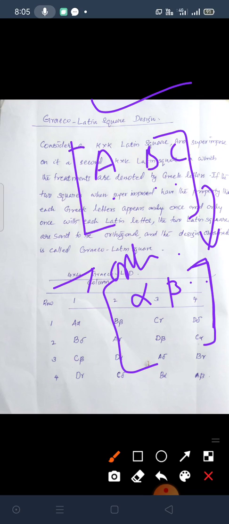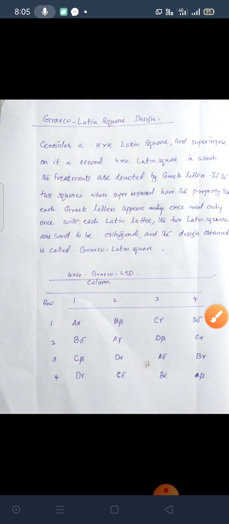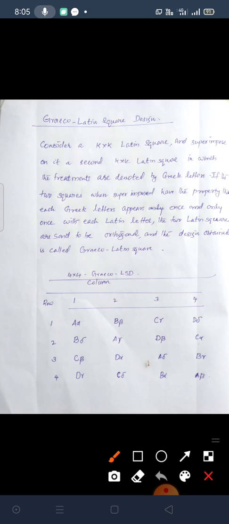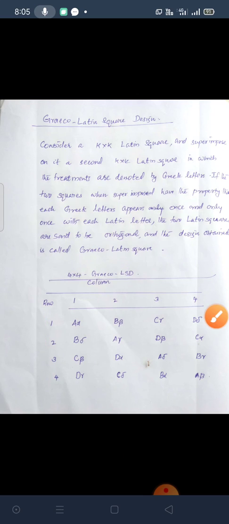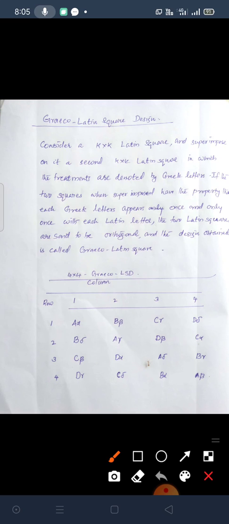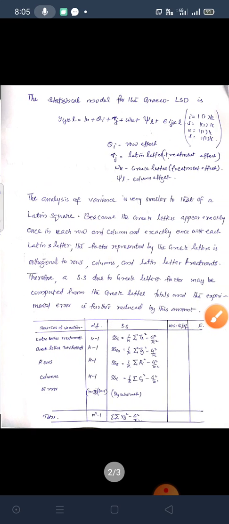So we superimpose two orthogonal Latin square designs of the same order. In this case we are eliminating the sources of variation of another set of treatments. So three sources of variation: rows, columns, and another set of treatments. This type of design is the Graeco Latin square, and the analysis is similar to LSD.